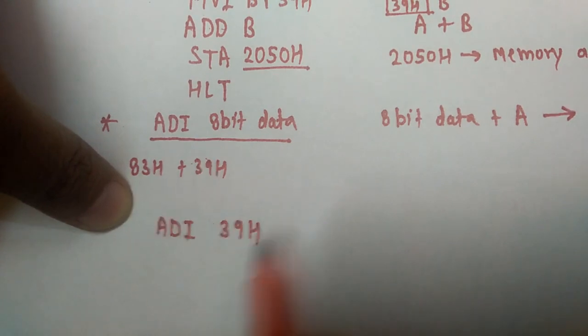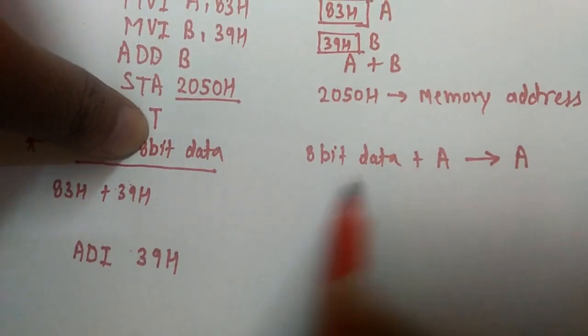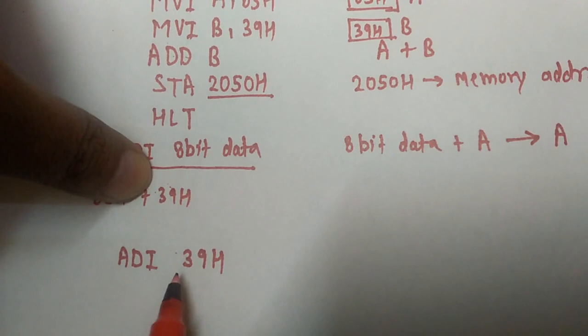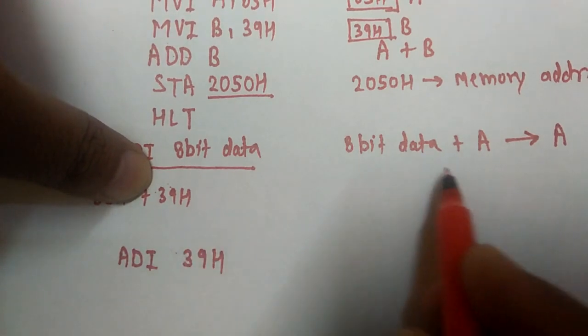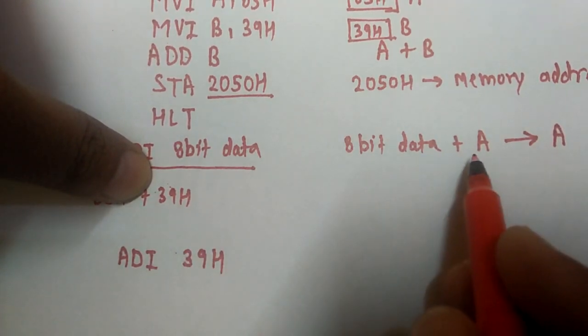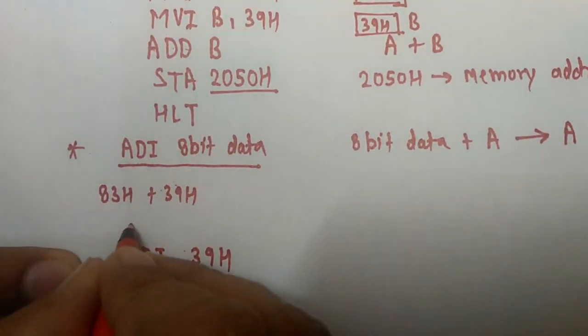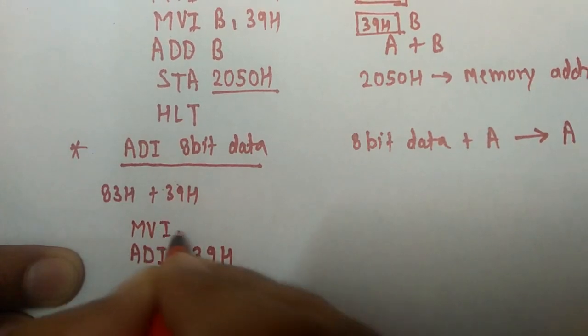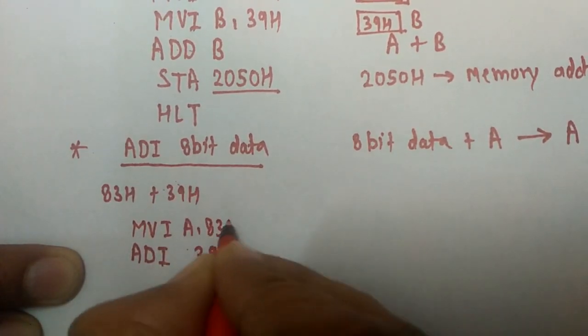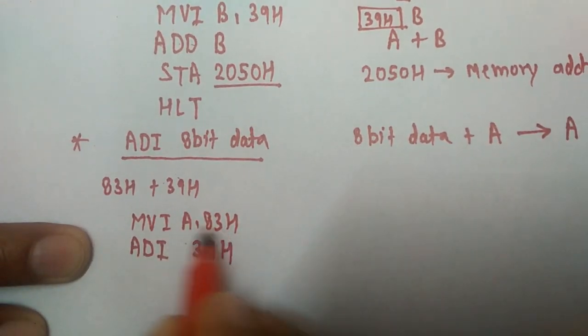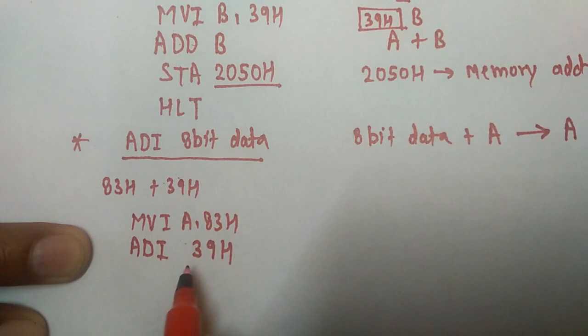Accumulator plus 39H, as I said, the 8-bit data, in this case 39H, will be added to the accumulator. So when the number 39H is already specified, we will have to put the value 83H in the accumulator, and I told you earlier that the instruction will be MVI A, 83H. So simple. Now the accumulator contains 83H and we have added 39H to the accumulator directly.